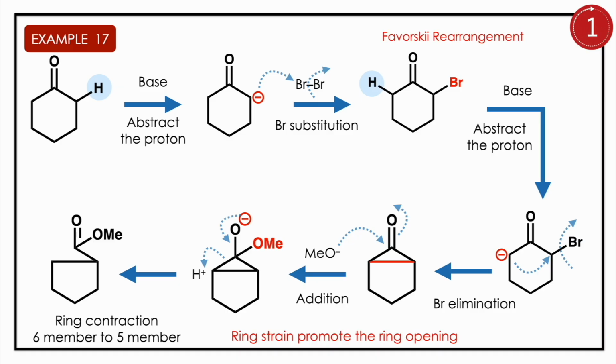So the same base you are using. Base abstracts the acidic hydrogen. It forms an anion, which is the nucleophile. The anion attacks the good leaving group. Bromine elimination. It forms cyclopropanone. Cyclopropanone is a strained system, so methoxide attacks through nucleophilic addition. You form an anion on the oxygen.